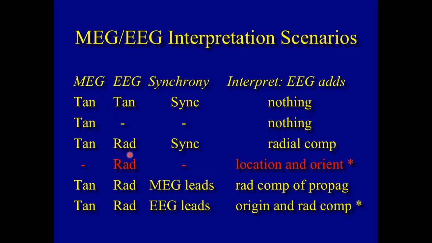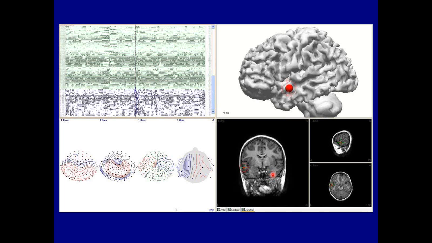Now, what goes around comes around, and there are instances where the spikes are purely radial in their field. Because of that, MEG can't see it. And obviously, in this case, EEG adds not only the orientation of the field, but also the location of the source. And here's an example. Here we have an EEG spike with essentially no MEG spike.